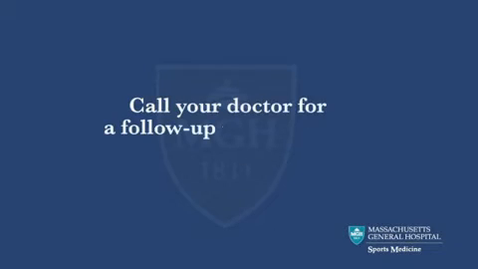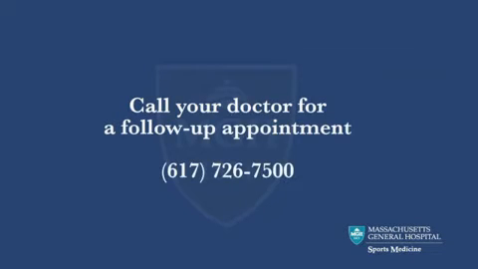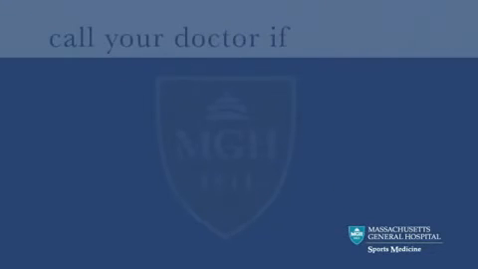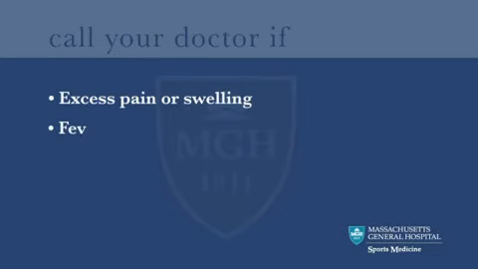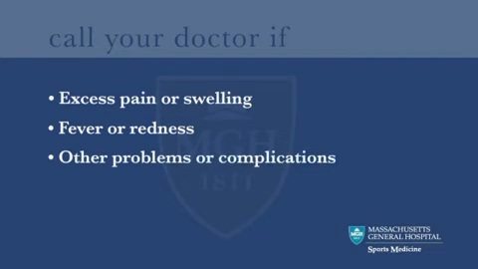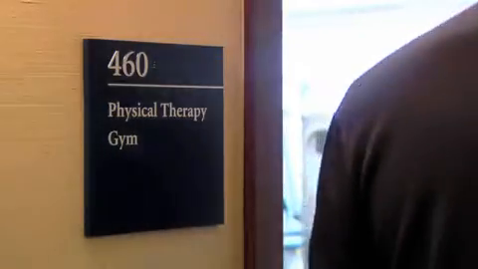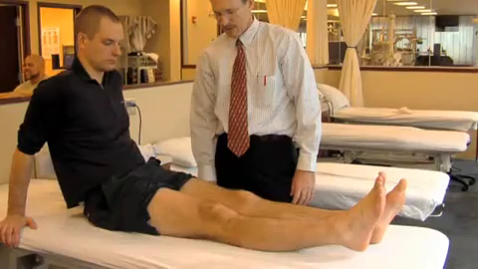Call your doctor's office to make an appointment for a follow-up visit about a week to 10 days after the arthroscopy. Call your doctor if you experience problems following the arthroscopy, especially if you have excess pain or swelling, fever, or redness of the operative area. Call if you have other problems or signs of complications. Following the arthroscopy, you should do isometric exercises.